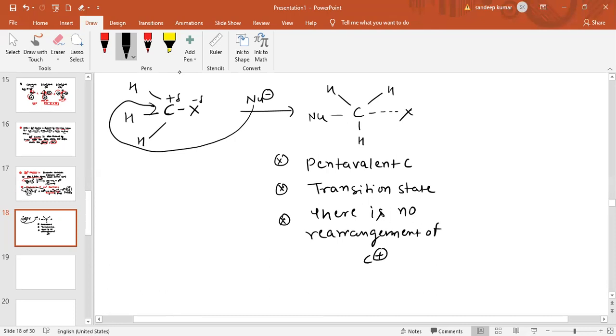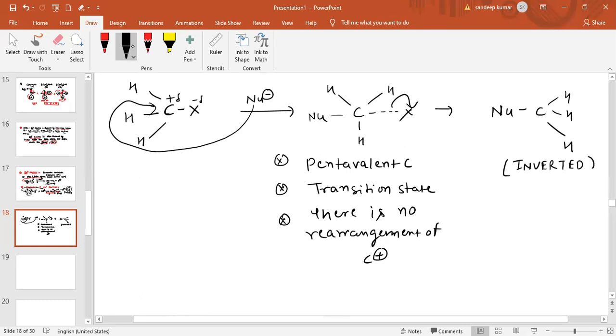Now, when the leaving group is removed, the product obtained has the nucleophile, and this product gets inverted. So this CH3 group will come on the right hand side like this, with H, H and H. So this product obtained is basically the inverted product.